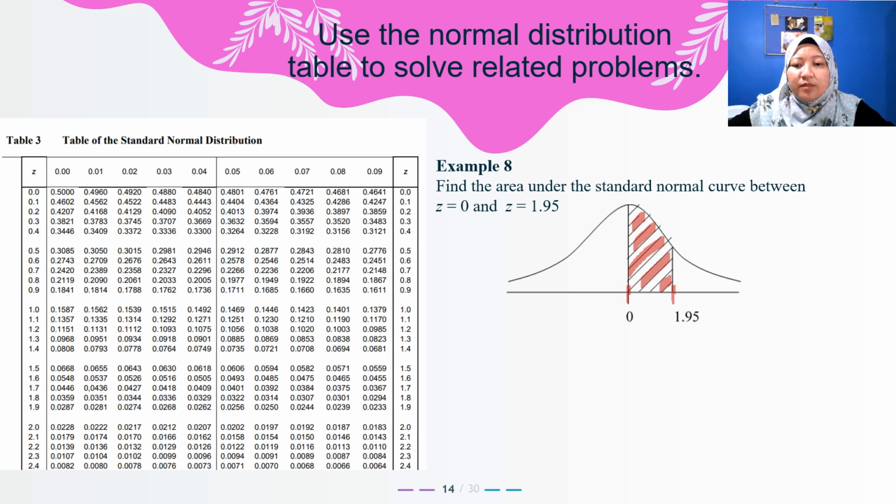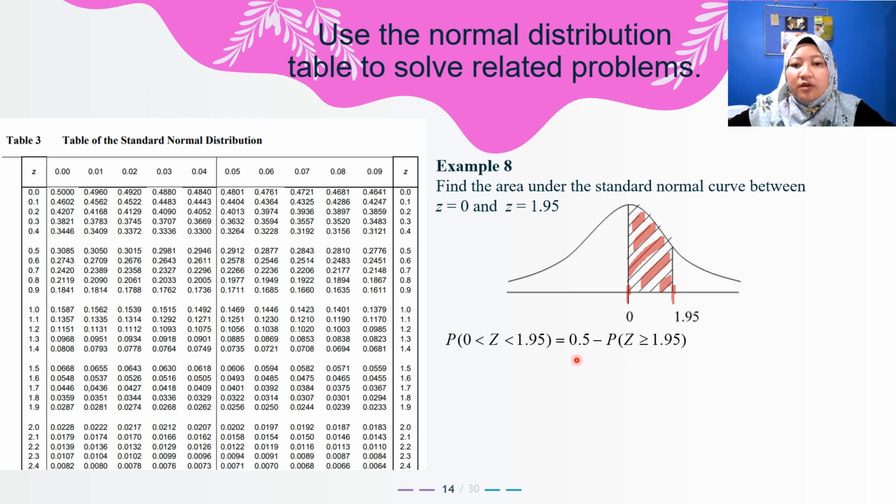Okay, kita boleh menggunakan formula, Z greater than 0 less than 1.95. So, kita tahu area di kawasan ini adalah paling maksimum 0.5 di sebelah kanan. Dan kita tolakkan pada kawasan yang tidak berlorek ini. Okay, kawasan yang tidak berlorek ini adalah Z greater than 1.95.